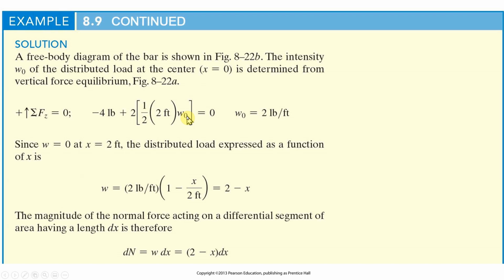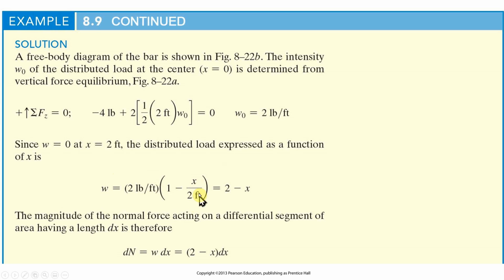So what is W naught? That's the first thing to figure out. So we use this equation to figure that one out, and we get 2 pounds per foot. So we have a triangular load of W equals 2 pounds per foot. That's the maximum. 1 minus x over 2 feet.